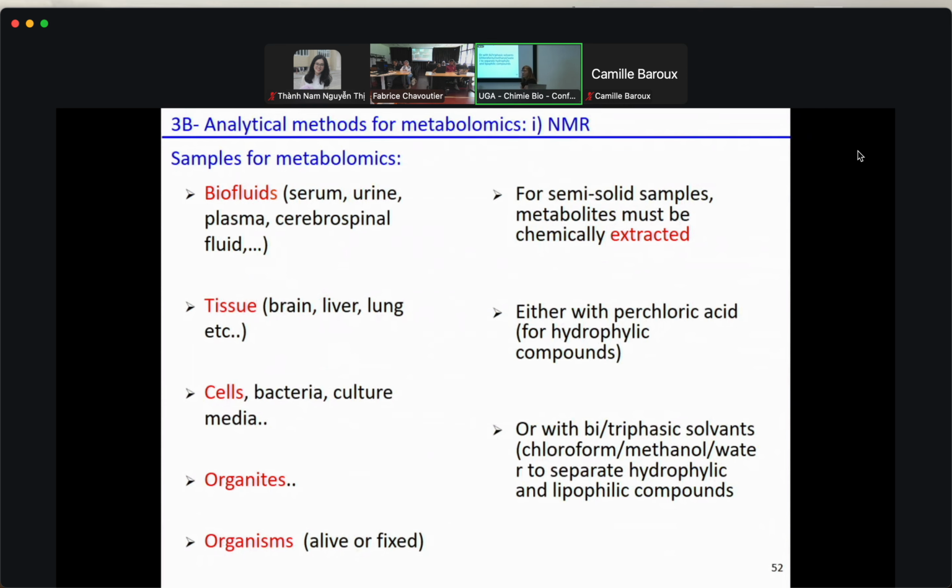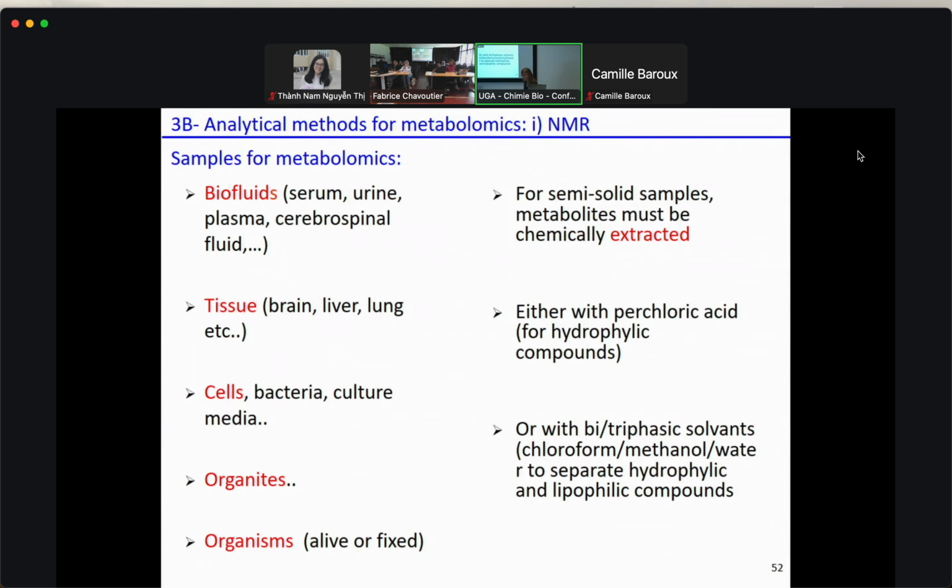If you want to analyze lipophilic compounds like small lipids, you must use a three-phasic solvent. So after the extraction process, in the hydrophilic solvent you will have the hydrophilic metabolites, and in the lipophilic part of the mixture, you will have the lipophilic compounds.